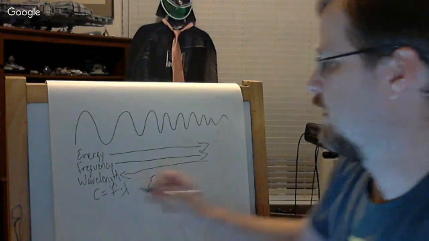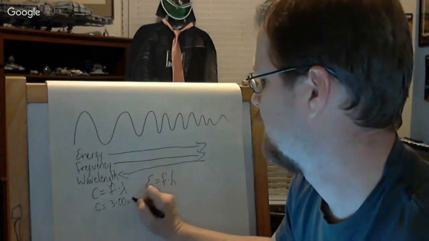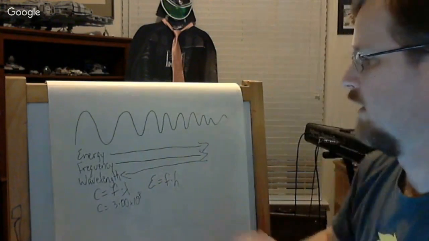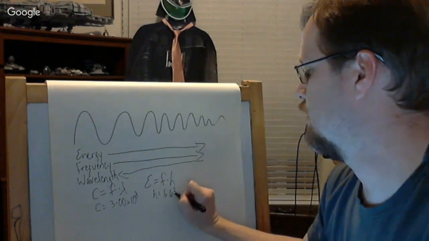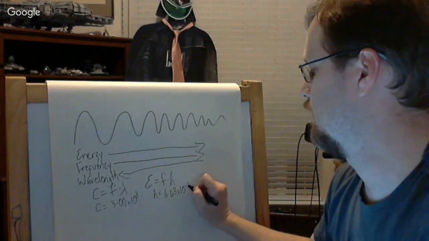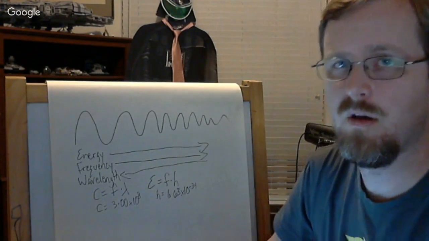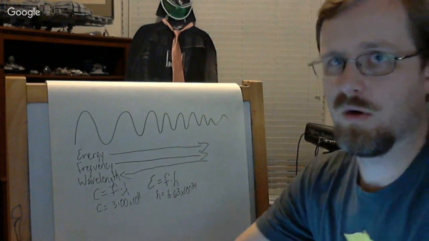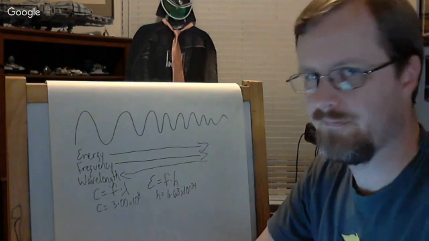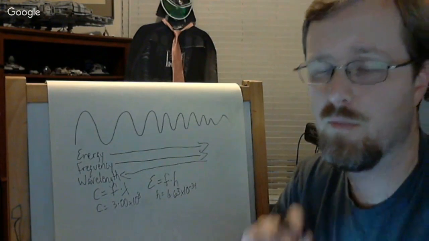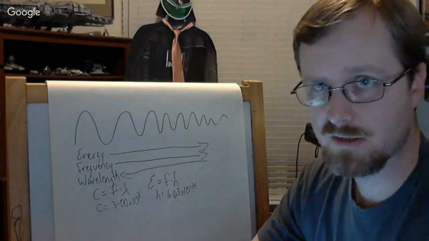You will also be given that c is 3.00 times 10 to the 8th, and that h is equal to 6.63 times 10 to the negative 34th. They will be printed at the top of the test, before question number 1. You just need to remember that it's there and to actually use it.